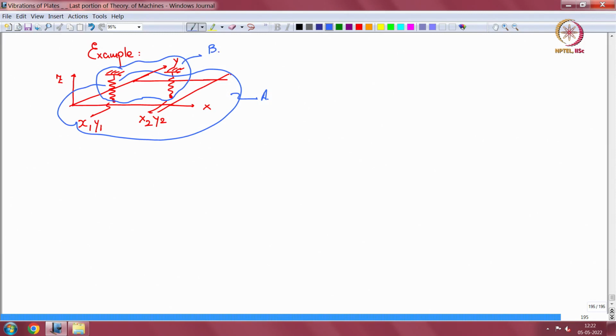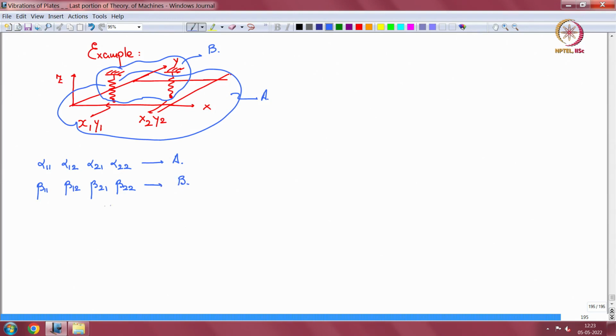Okay. So now we have to find alpha 1 1, alpha 1 2, alpha 2 1, alpha 2 2 for system A, then beta 1 1, beta 1 2, beta 2 1, beta 2 2 for system B. Okay.